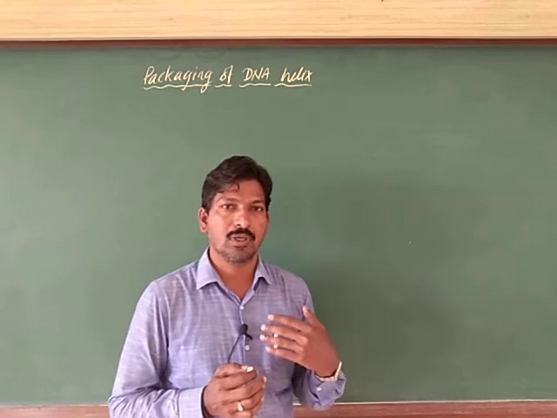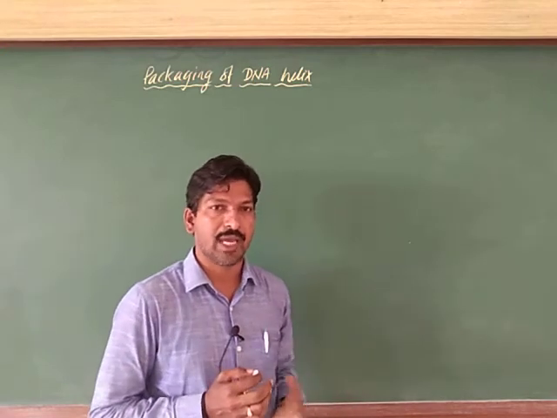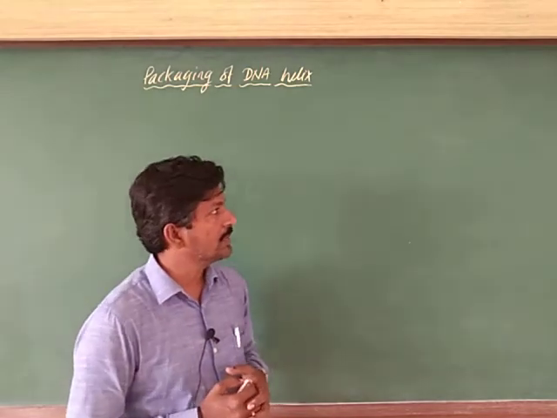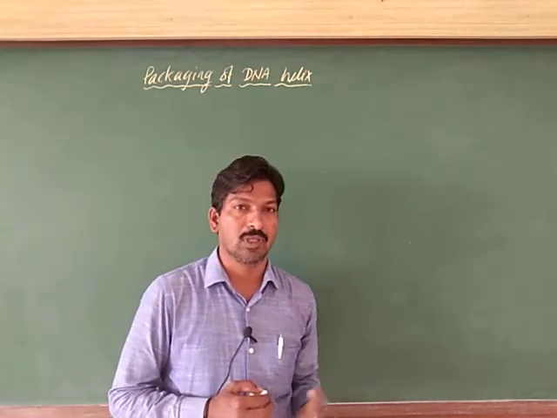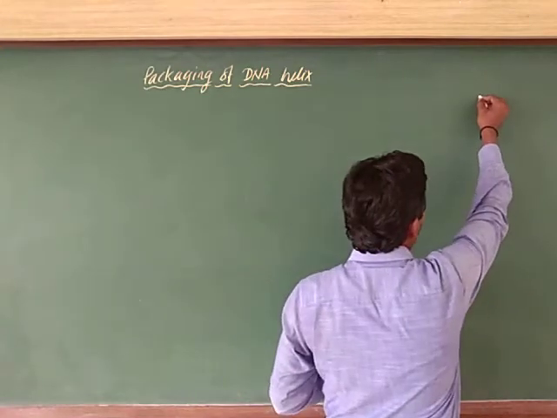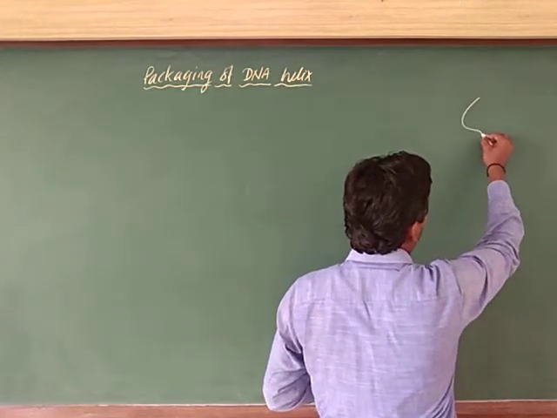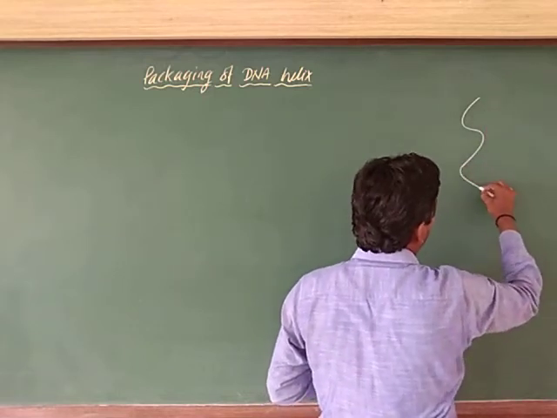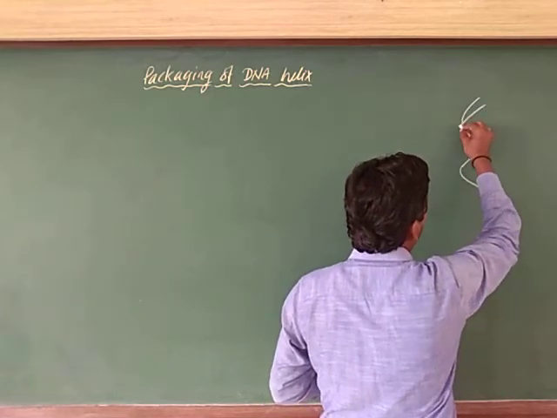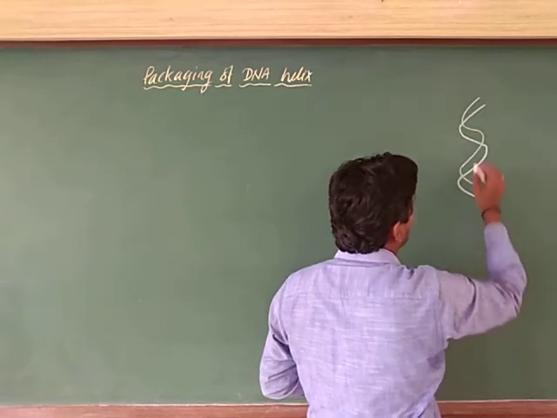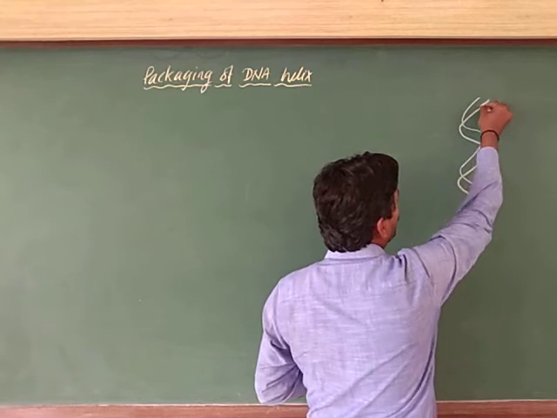Before discussing how it is packed and what content it has, let us see once again the Watson and Crick model in brief. This is the Watson and Crick model, which is a double-stranded DNA structure. These are the two strands.